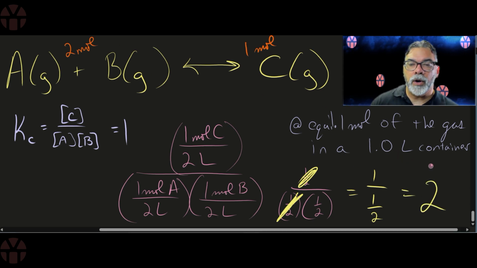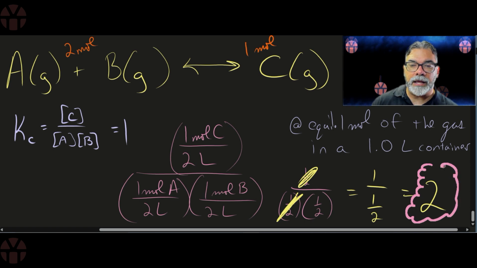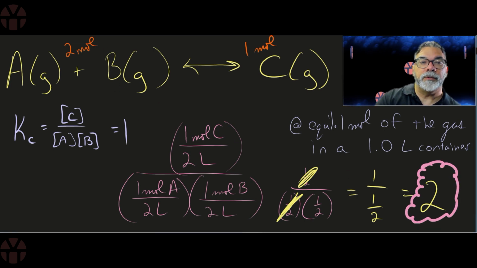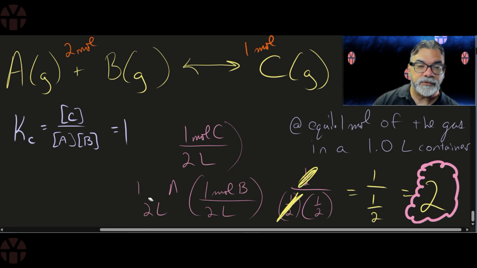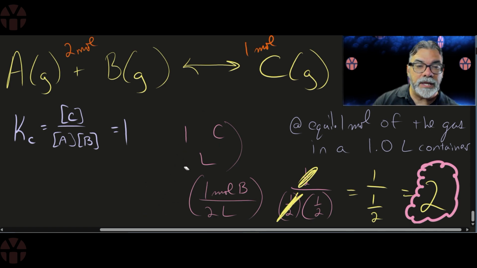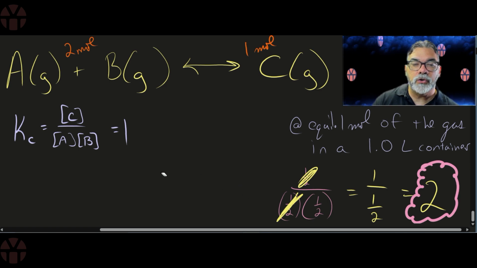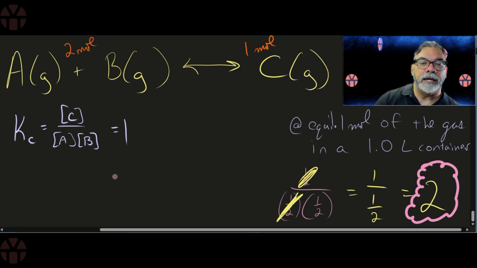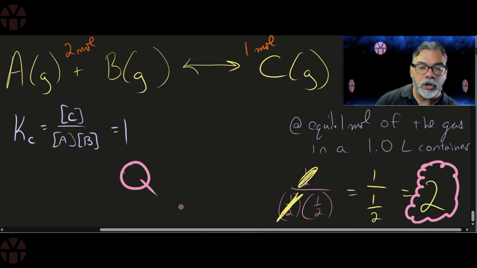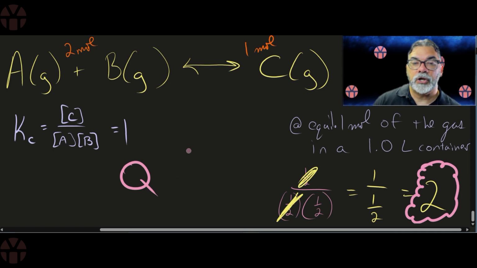But what on earth is this 2? I thought that we were looking for an equilibrium constant of 1, that's what my equilibrium constant was meant to be based off what we said. And sure, that's still true. So this 2 must in fact be my new value of Q. So in this case, Q is 2.